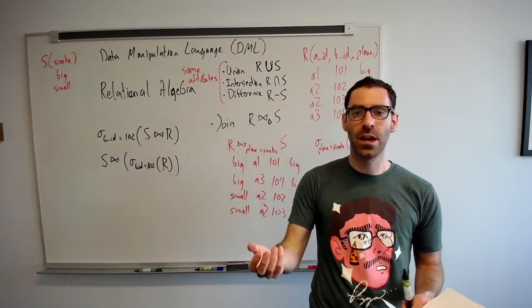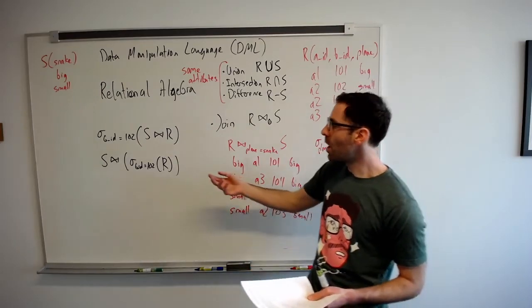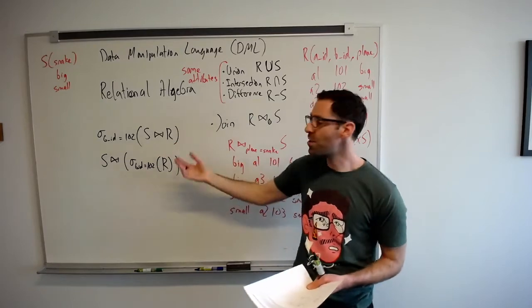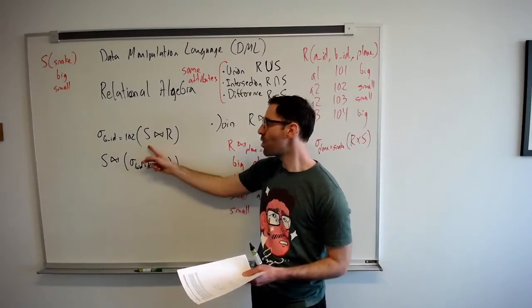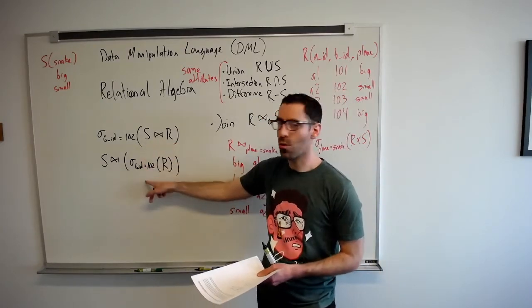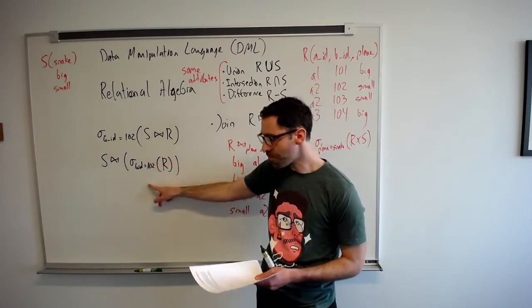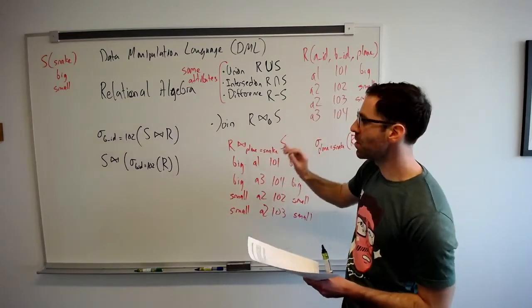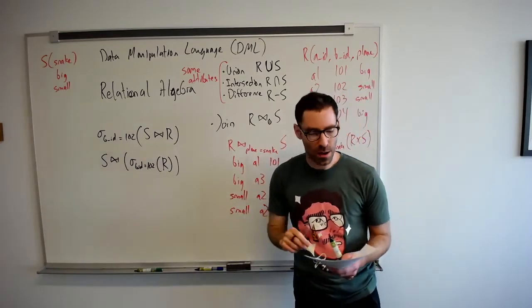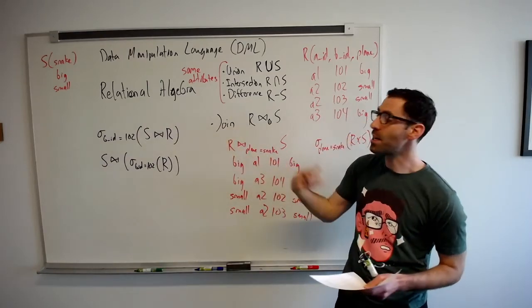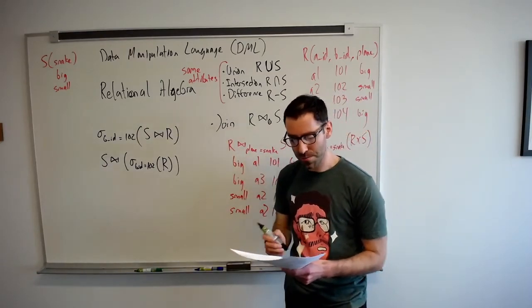And then let the database system take a look, because it's going to know things about S and R, and it can say, okay, I could do this query in either order. Which of these two will actually be faster. And SQL is going to do exactly this, and that's why we're going to be spending the next two topics on it.